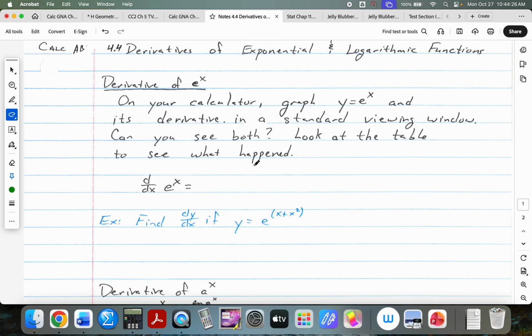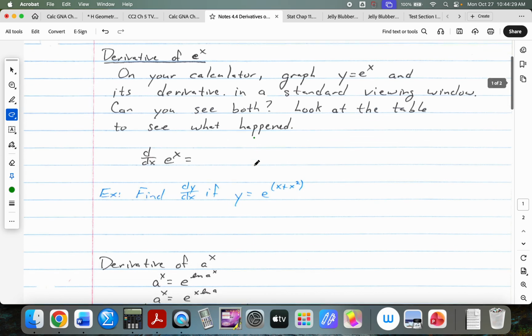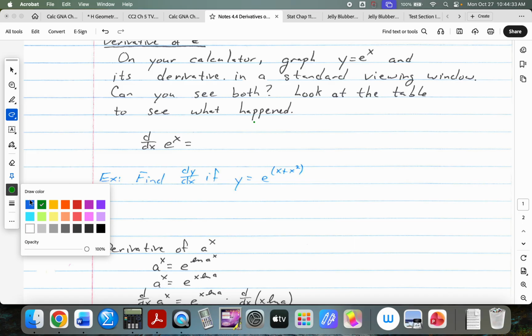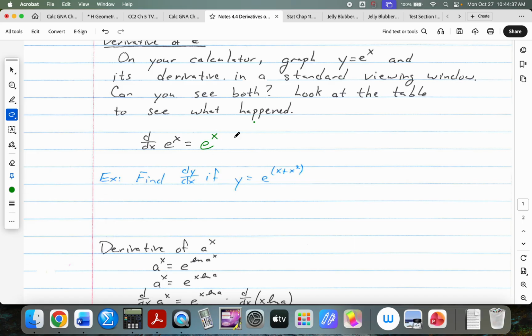So it turns out that the derivative of e to the x is e to the x. It is the only non-trivial function that is its own derivative. There is a trivial function that is its own derivative. Do you know what that is?